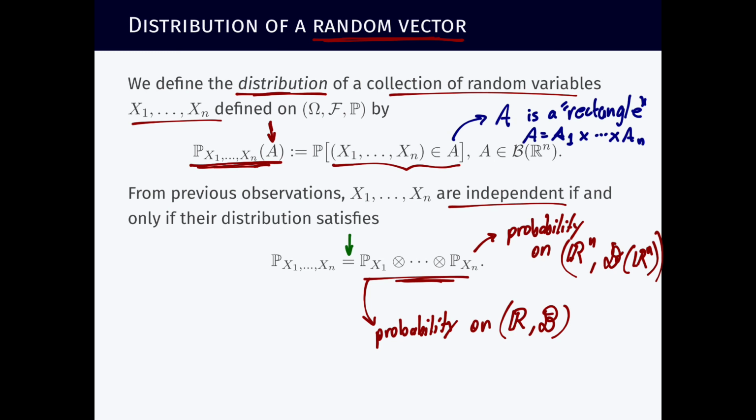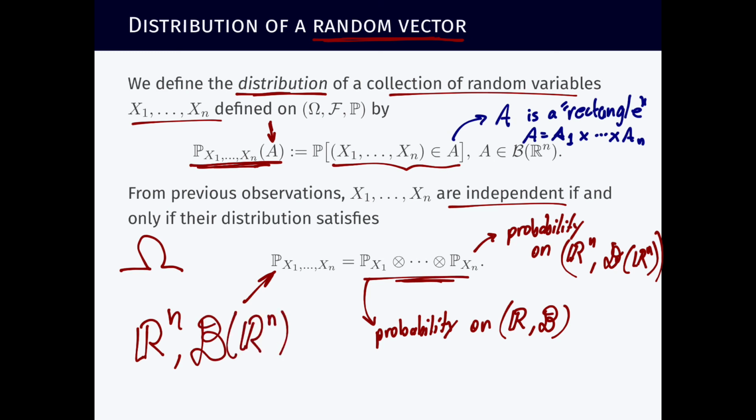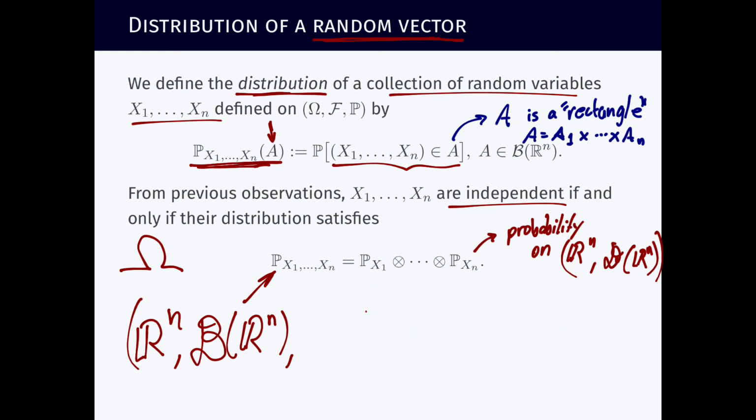It means every computation that we're going to do that involves this vector, or these random variables together, can be done on this space Rn, which is a much more concrete space than this one, with this sigma algebra, and with the measure that we're going to put here, which will be the product measure, a very nice measure to work with.